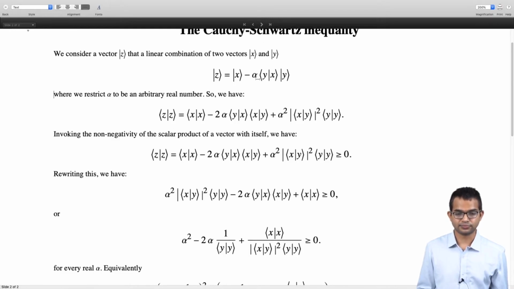So if I do the inner product of z with itself, when I take the bra vector z, alpha is going to remain alpha. There's no alpha star because it's a real number, but yx will become xy, right? You have to carefully work out this algebra, and then you will see that you have xx minus 2 alpha yx xy.